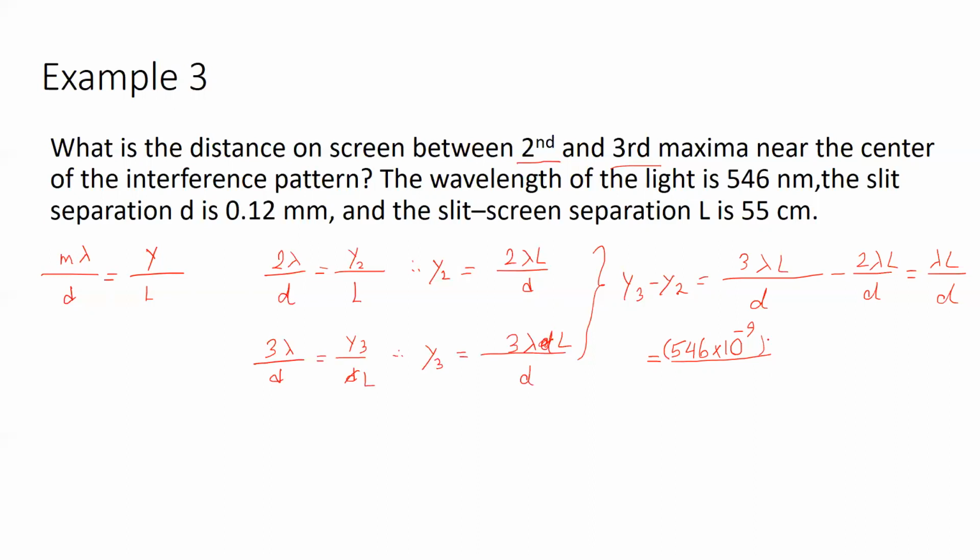Then L, let's separate. This one is D, and this one is L, which is in centimeter. We need to convert it to meter by dividing by 100. And the millimeter we need to convert to meter by dividing by 1000. That becomes 12 times 10 to the power of minus 5.